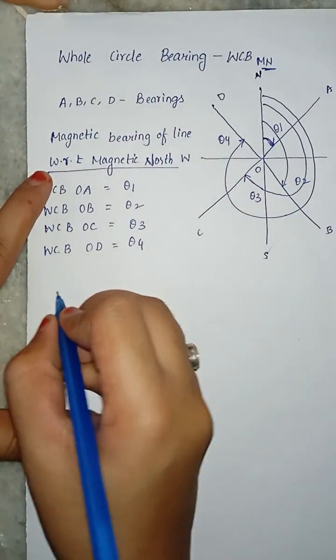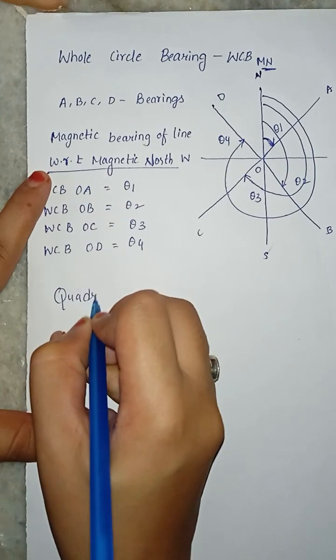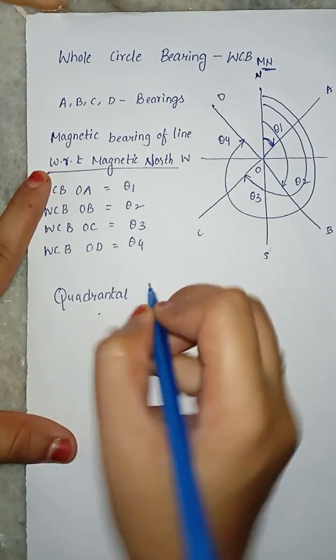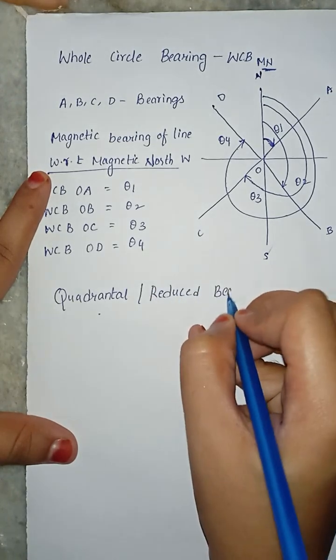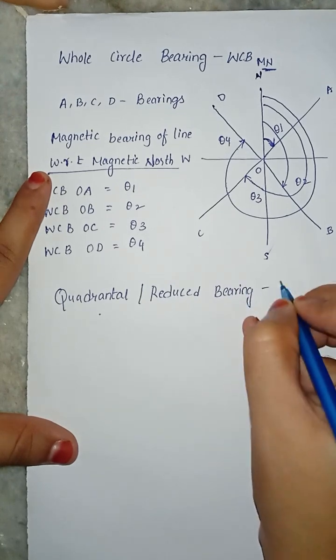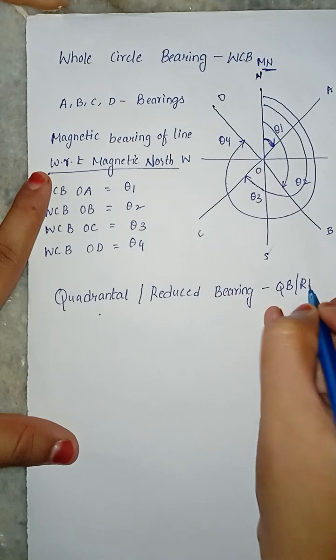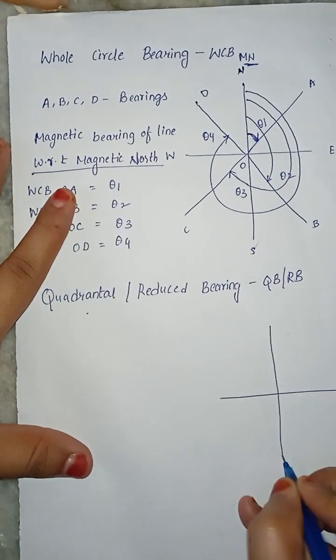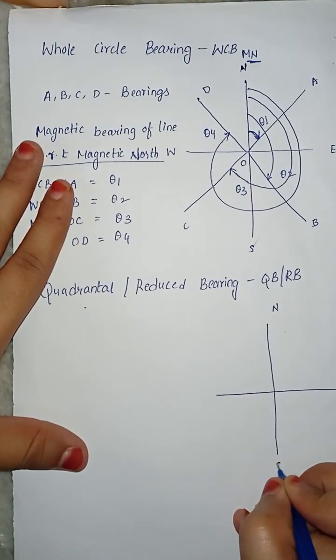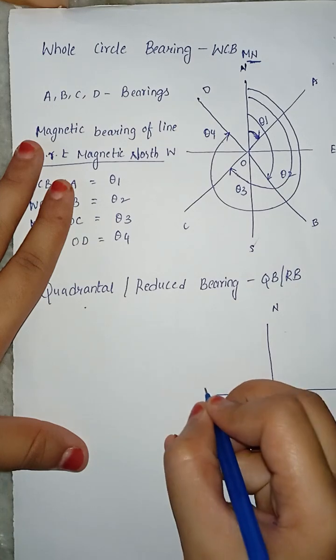Next, our second one is quadrantal bearing. Another name for quadrantal bearing is reduced bearing. Okay, QB or RB. In this case also, first I am going to draw the directions: north, south, east, west.